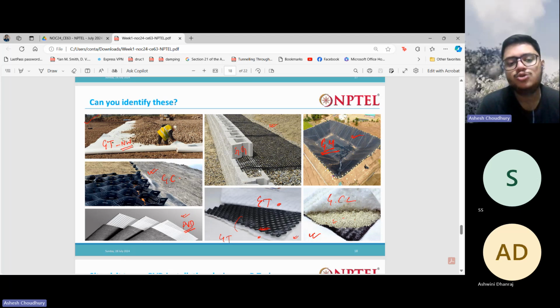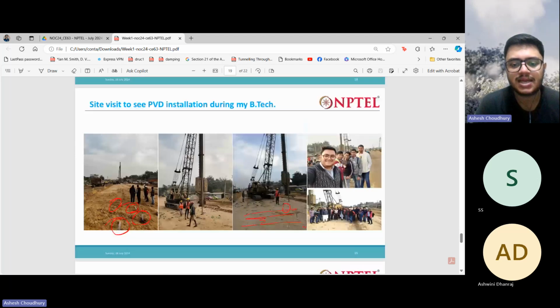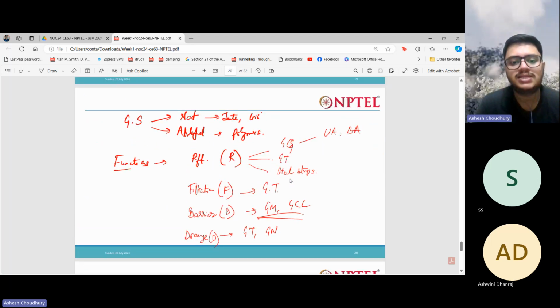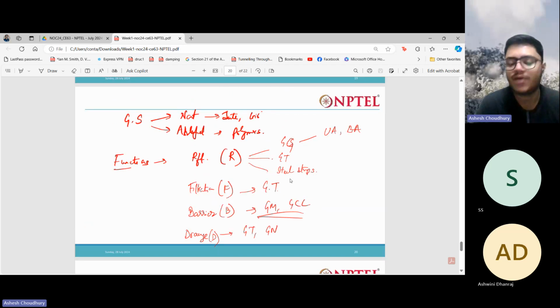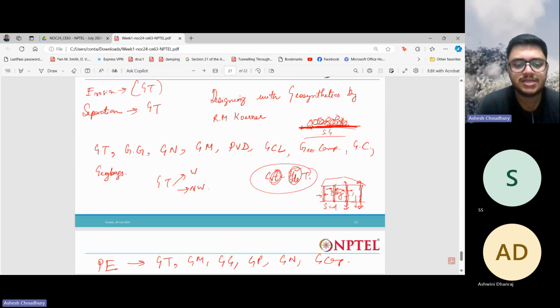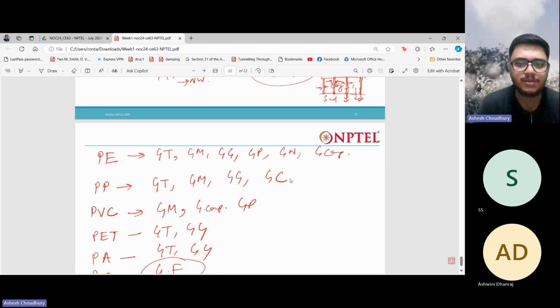By now you already know for what purpose each of these geosynthetics is used, so I did not discuss this again. And then we discussed the functions, so what are the basic functions of all the geosynthetics, such as reinforcement, filtration, barrier, drainage. Okay, so this you should always keep in mind.